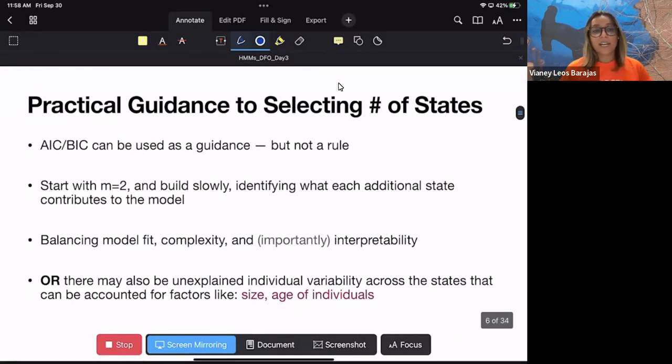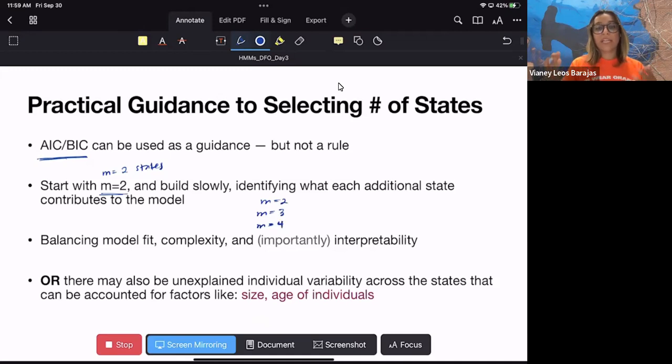So, some practical guidance for selecting the number of states. AIC and BIC, and I think information criteria in ecology in general, can be used as guidance. They don't have to be implemented as a rule, as in: this is the choice by AIC or BIC, and this is then the truth. One approach is that we start with m equals 2 states, and we build slowly. We start with m equals 2, compare to m equals 3, and compare to m equals 4.